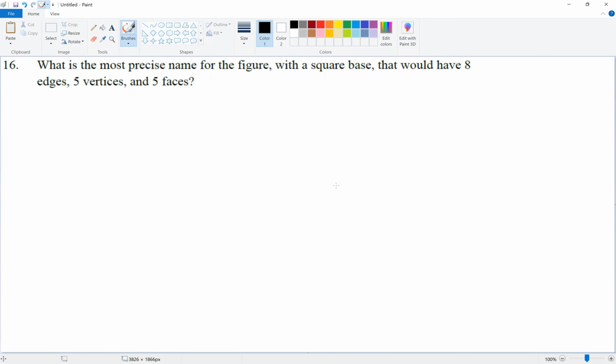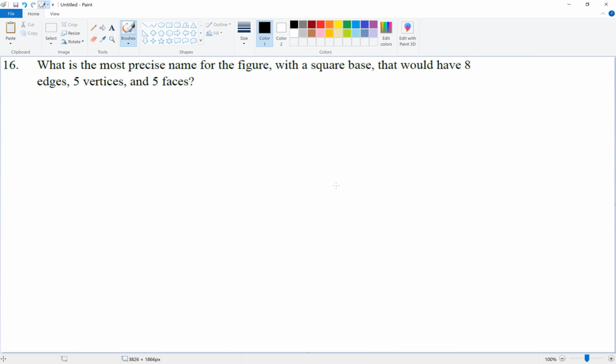For 16, I first went ahead and listed out all the shapes I thought it could be. So I listed out square, rectangle, triangular prism, cone, and cube.